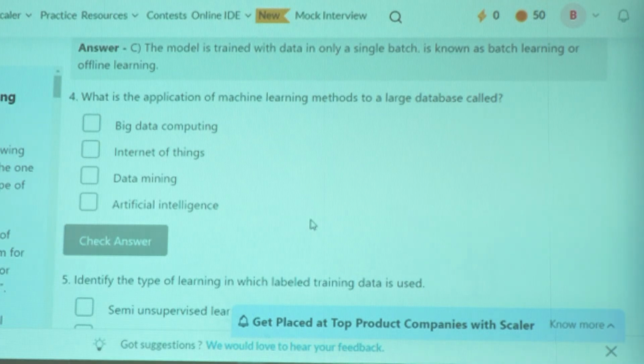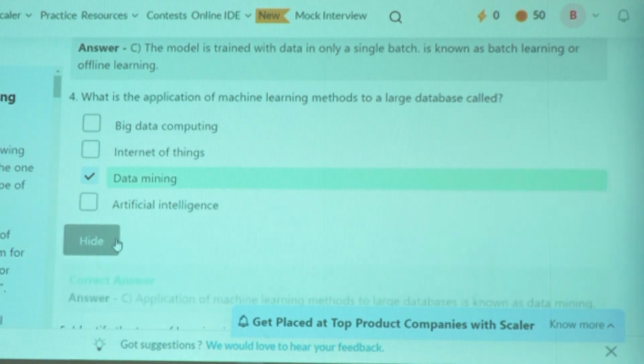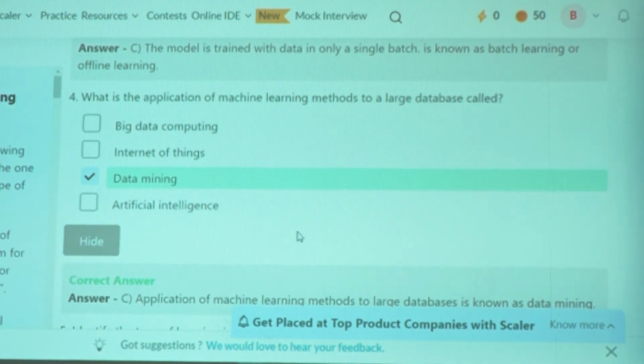How many of you agree with big data? Any other answer? Data mining. How many of you agree with data mining? Okay, I'm going with data mining. Large amount of data means don't go directly for big data.